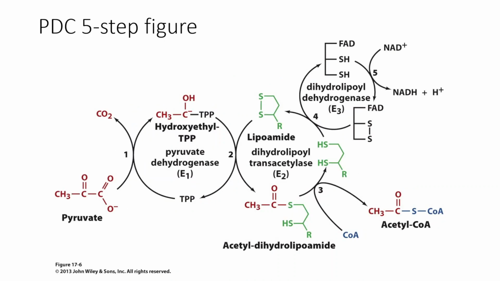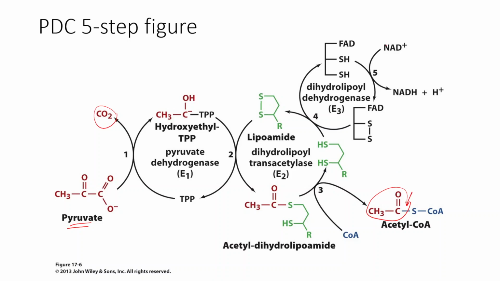This figure helps to show overall what just happened. From one glucose molecule, we formed 2 pyruvates. Each pyruvate molecule loses 1 carbon in the form of carbon dioxide. The other 2 carbons attach to coenzyme A to create acetyl coenzyme A with that really high-energy thioester bond that we'll see come into play later on.